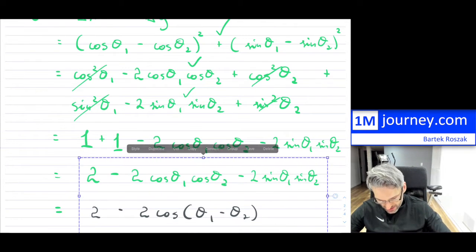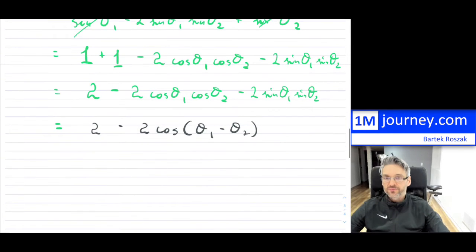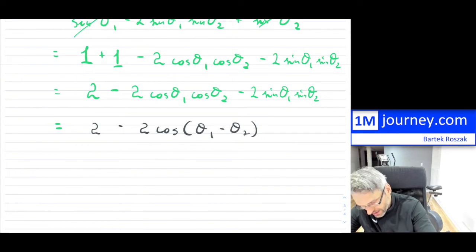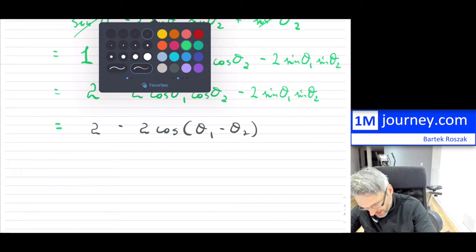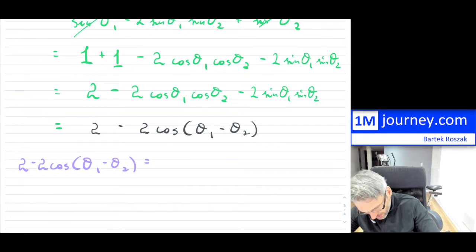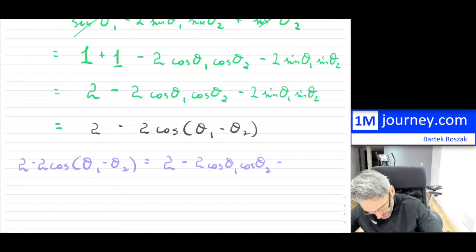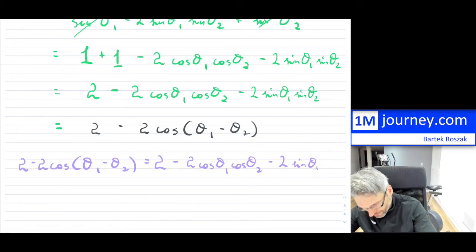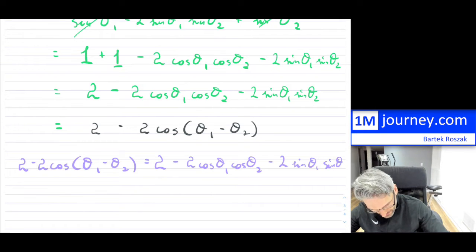Now, because they're equal to each other, let me rewrite this and do the algebra. We're going to find out exactly what we need. So we have 2 minus 2, I'm going to try to squeeze it all in here, is equal to 2 minus 2 cos theta 1 cos theta 2 minus 2 sine theta 1 sine theta 2.